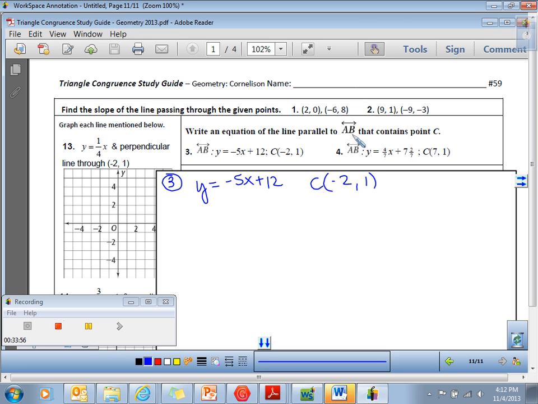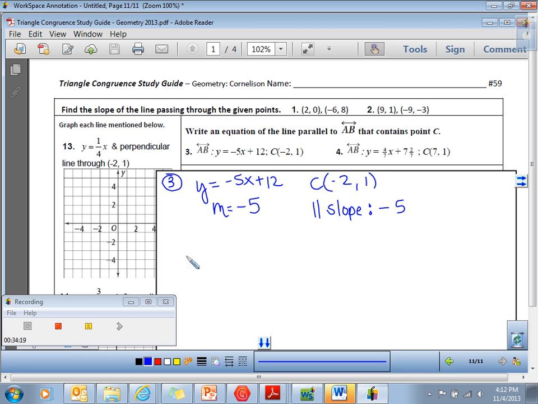So write an equation of a line parallel that contains point C. So once again, this is like, I think we did number 5. This is going to be the same thing, except it's a parallel slope. So what's the slope for this line? -5. So what's the parallel slope going to be? It's going to be exactly the same. It's going to be -5 because they're parallel.